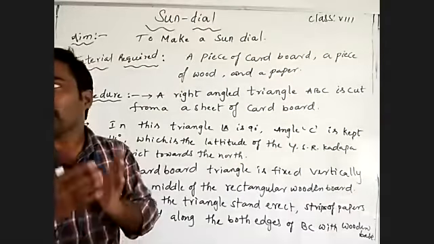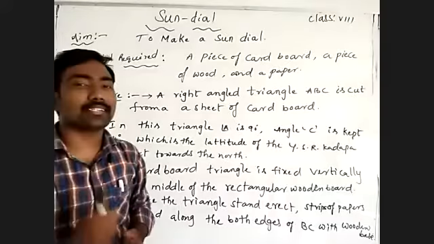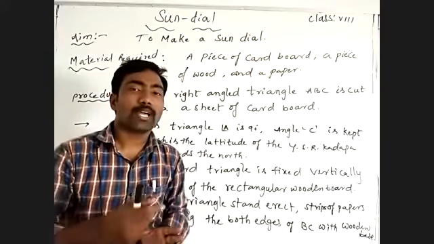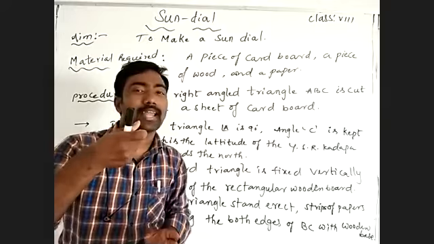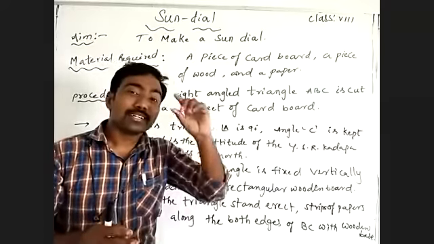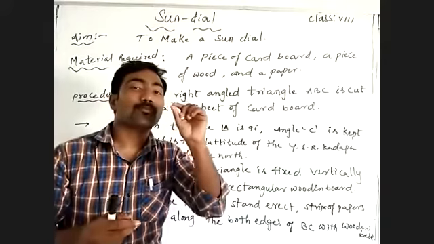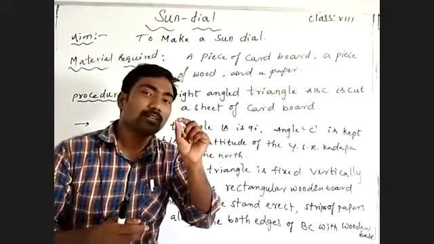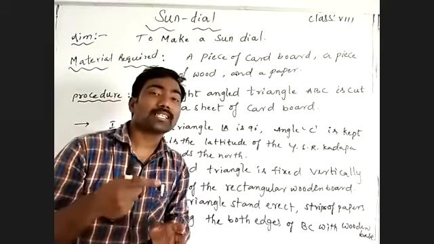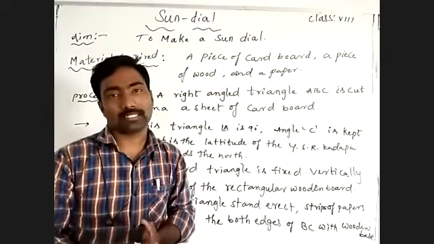We place it at the middle of the wooden base to make the right angle triangle erect, meaning vertical on the wooden base. We are sticking that cardboard right angle triangle to the wooden base with the help of strips of paper, which are glued to the base of the right angle triangle and the wooden base.